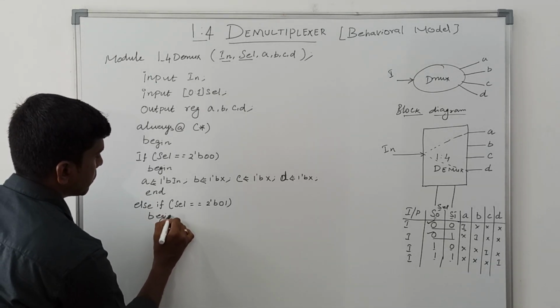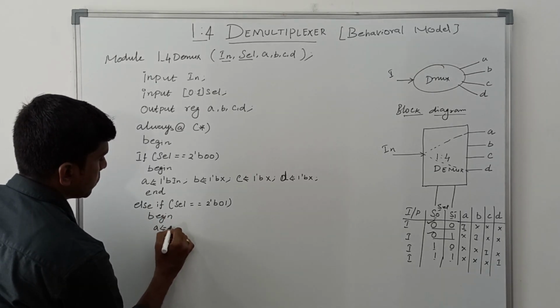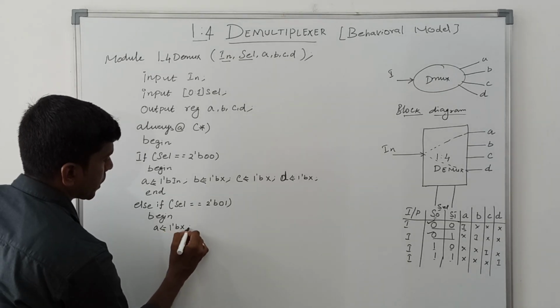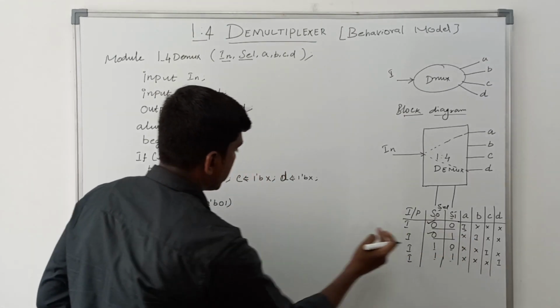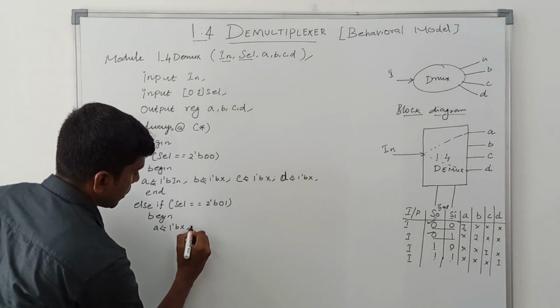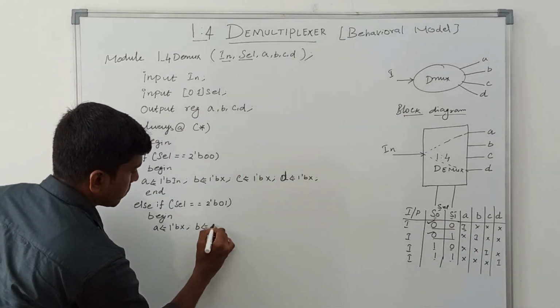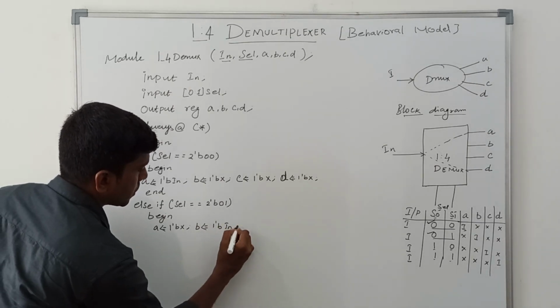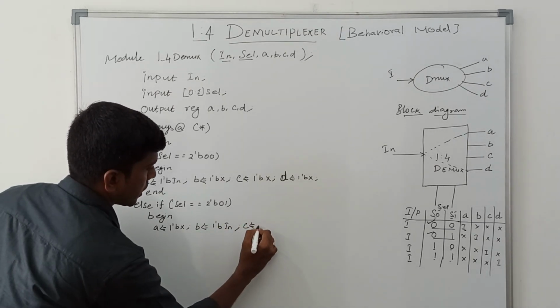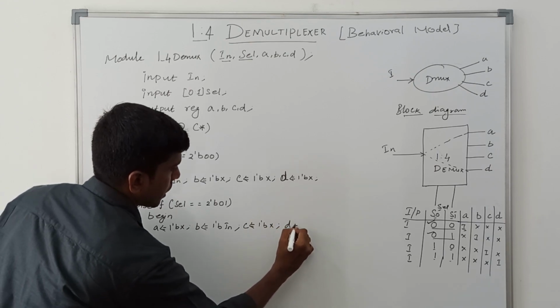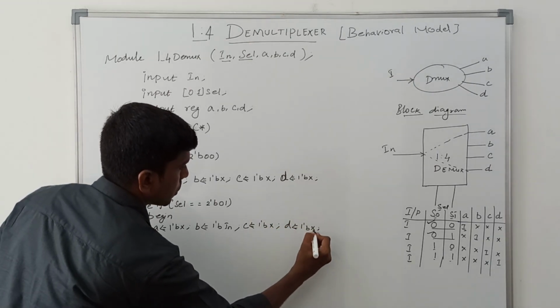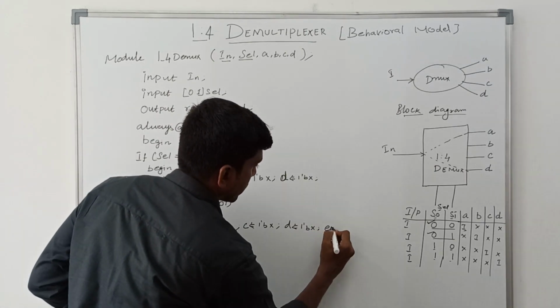A assign 1'bx don't care. Just check the truth table; based on the truth table you can write the statements here. B assign 1'b input, C assign 1'bx don't care, D assign 1'bx don't care, and end.